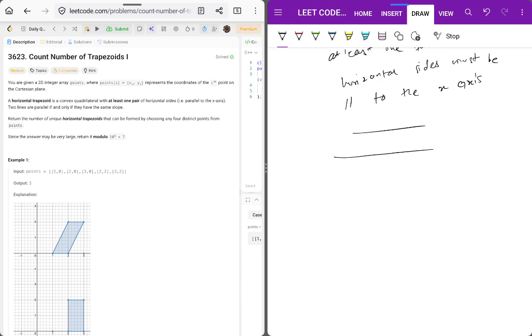We need to find out the number of trapezoids that can be formed using the points given to us.